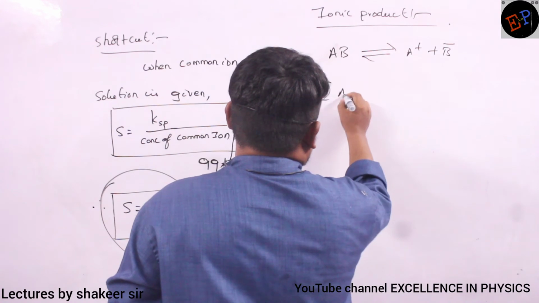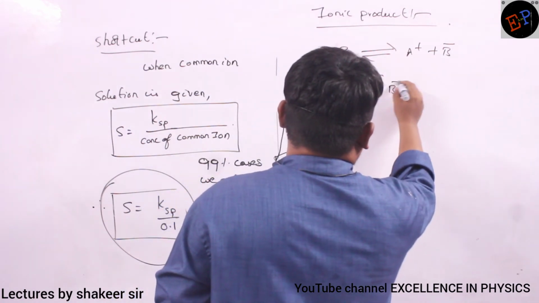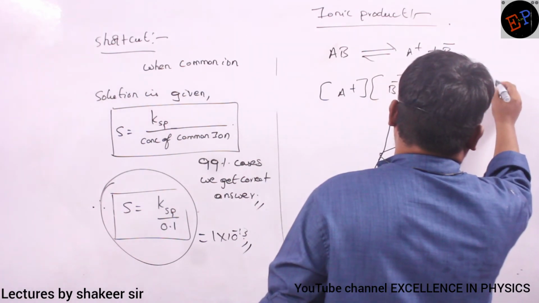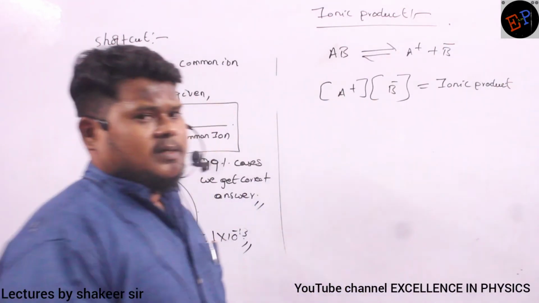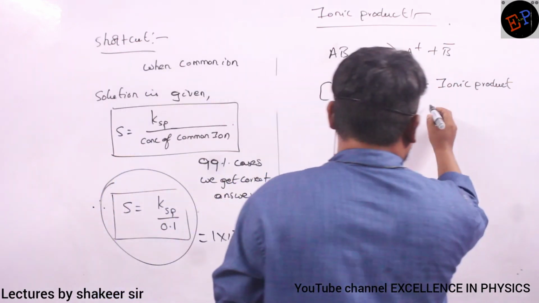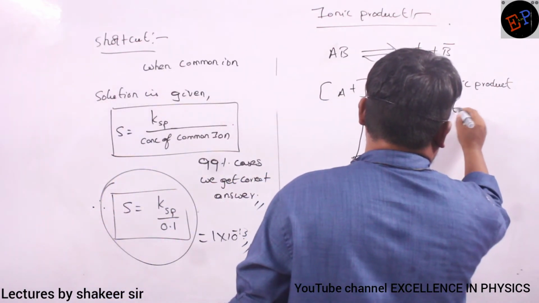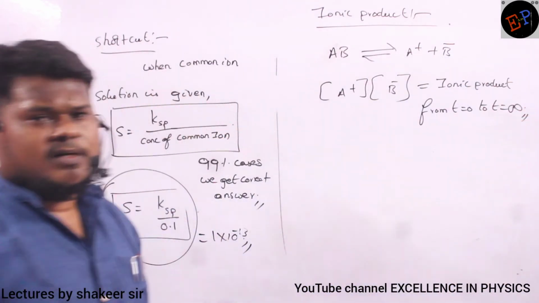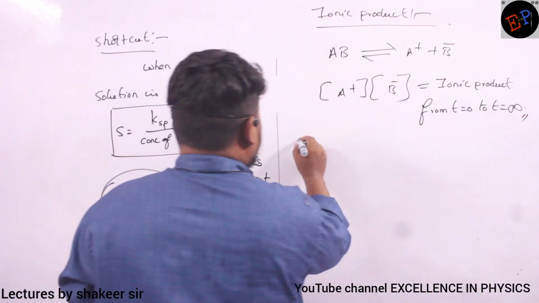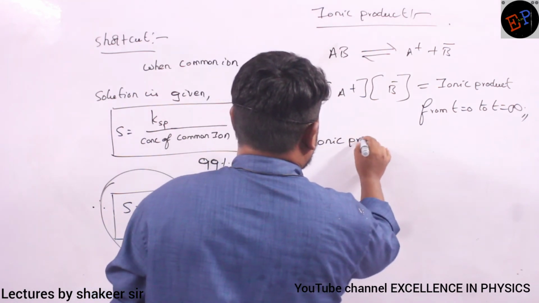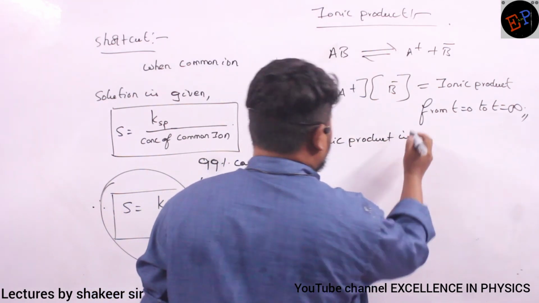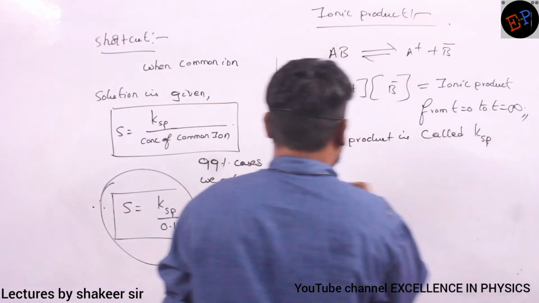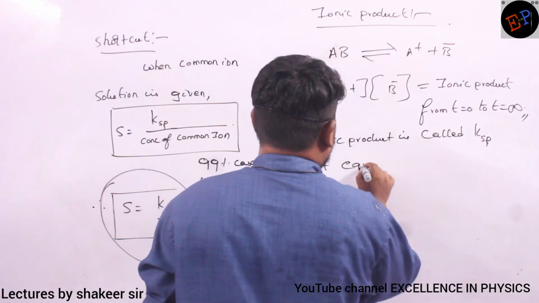So the concentration of A plus multiplied by the concentration of B minus, this is called the ionic product. Okay? And ionic product means from which time to which time? From T is equal to 0 to T is equal to infinity, this product is called the ionic product. And this ionic product at equilibrium is called Ksp.